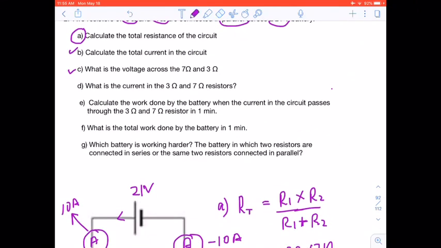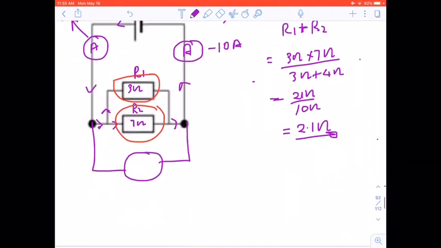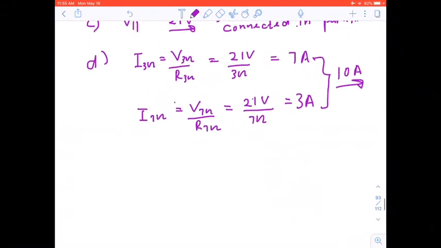So there we had what is the current in the 3 ohm and 7 ohm resistor. Now it says calculate the work done by the battery when the current in the circuit passes the 3 ohm and the 7 ohm resistor in 1 minute. So we want to know the work done.